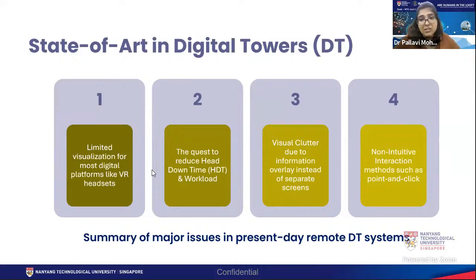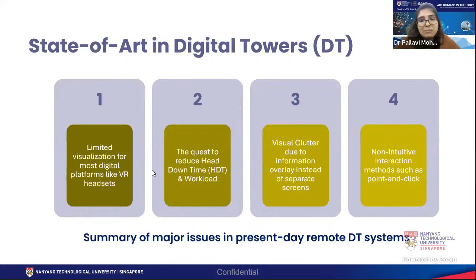Second, the less head down time, the better, always. But this shouldn't come with associated drawbacks such as visual clutter, which brings me to the third issue, where all available information is overlaid simultaneously on a single view. Another pertinent issue is the lack of intuitive interaction methods.